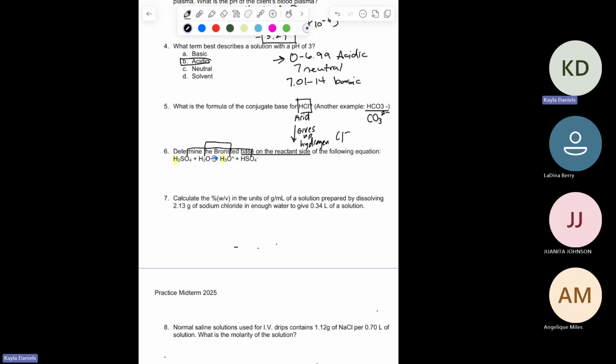If you're donating the hydrogen, you're an acid. If you're accepting, you're the base. So on the reactant side, on the left side of the reaction arrow, H2O is acting as the base.